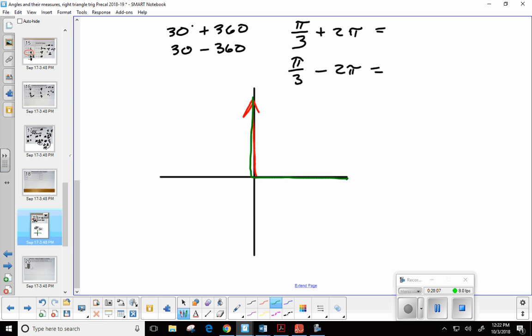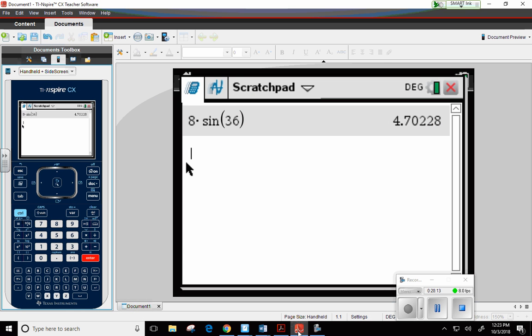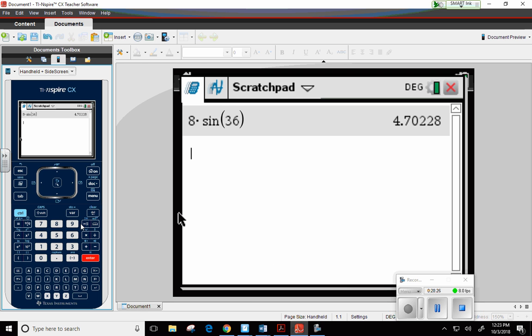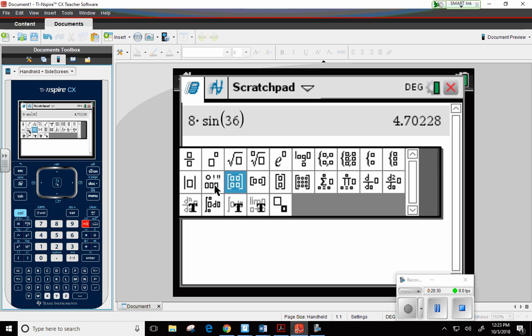Do we remember the keystrokes for DMS in the calculator? If you're in the calculator and you want to change degrees, minutes, seconds to decimal degrees, hit this button right here between 9 and the catalog, the second row, the second icon.